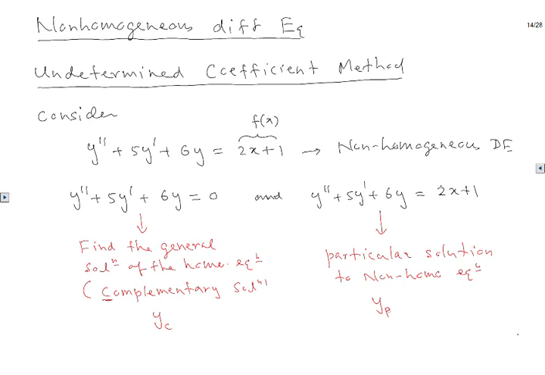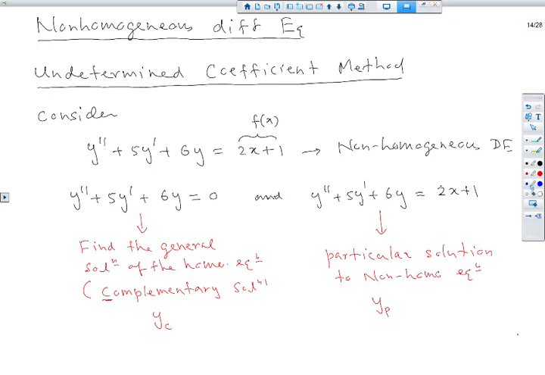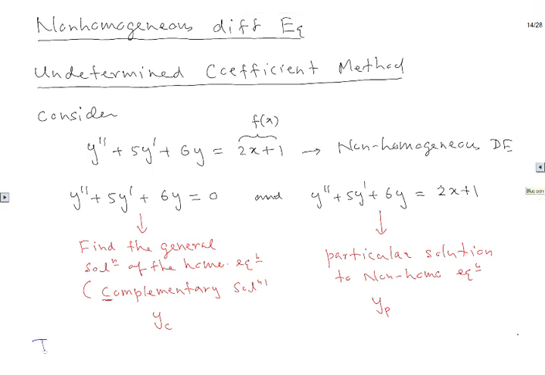Then there's a theorem which says that the sum of these two is going to give you the general solution to the non-homogeneous equation. It's a very powerful result. If you add the two, the general solution to the non-homogeneous equation is simply the sum of the two, yc plus yp.